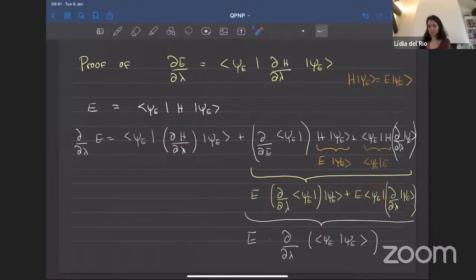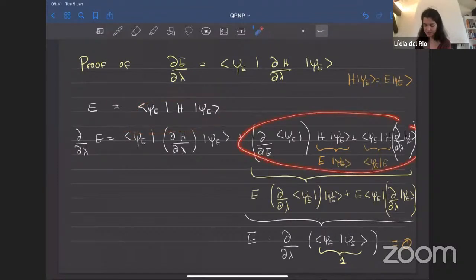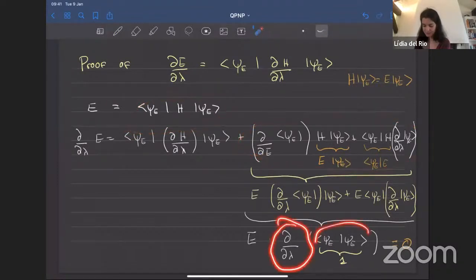So I can simplify to this. So it's the derivative with respect to lambda of this thing. But this is a normalized state, which means that this here is 1. And 1 does not depend on lambda, it's just a constant, right? So then this whole thing must be 0. And that's the proof. Okay, so we saw this as 3 terms, and we saw that the other 2 terms can be rewritten as the derivative of a constant, and that's 0. So that's the proof of the theorem.